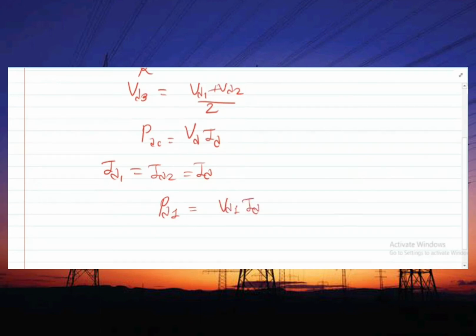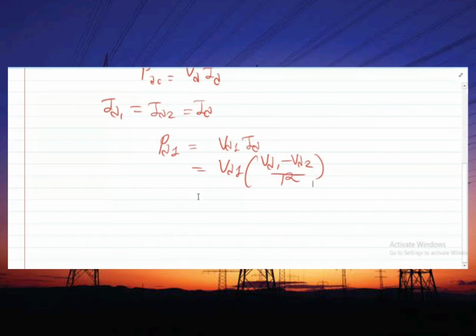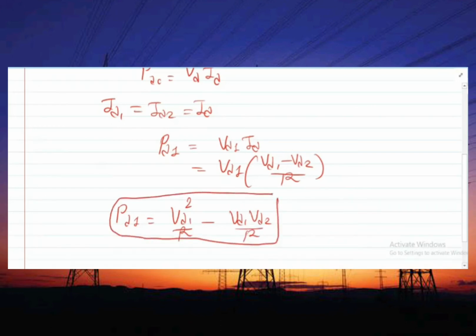Now, as you know, the value of ID is VD1 minus VD2 divided by R. So we put the value of ID in this equation, and we get the power at the rectifier terminal, PD1, equal to VD1 square divided by R minus VD1 VD2 divided by R. This is the power at the rectifier terminal, and it can be controlled by controlling the difference of voltages VD1 and VD2 while holding VD1 at a fixed value.